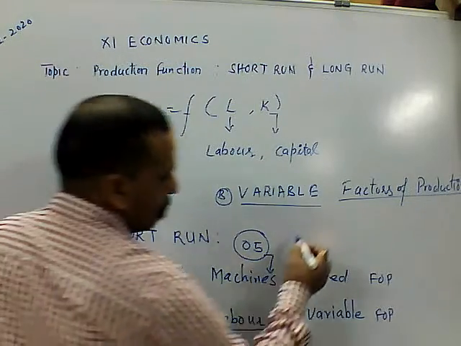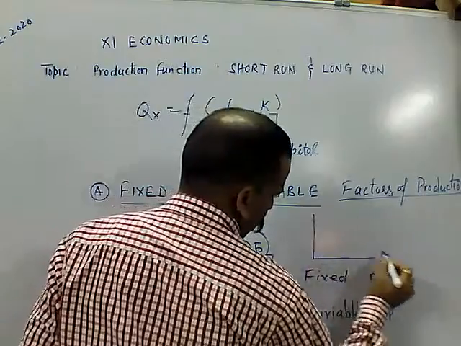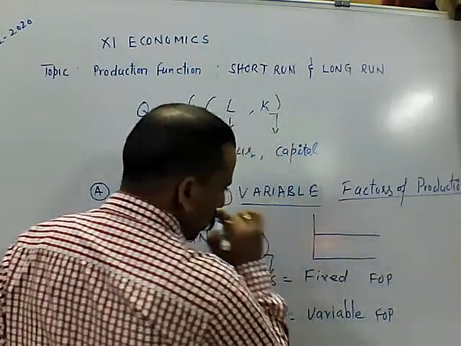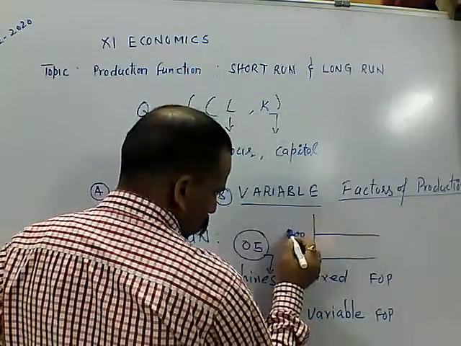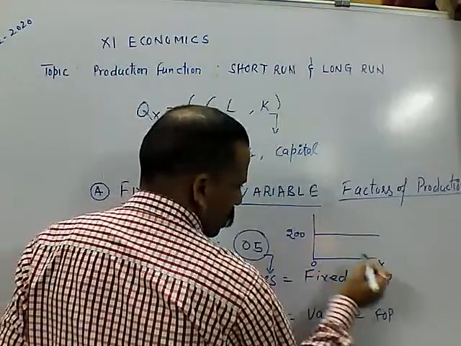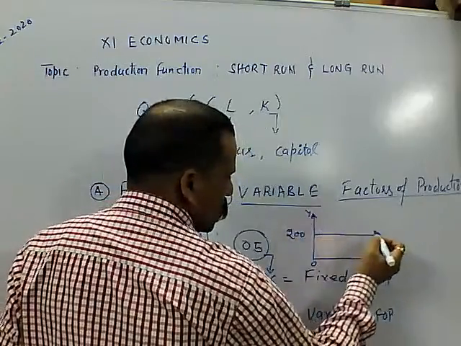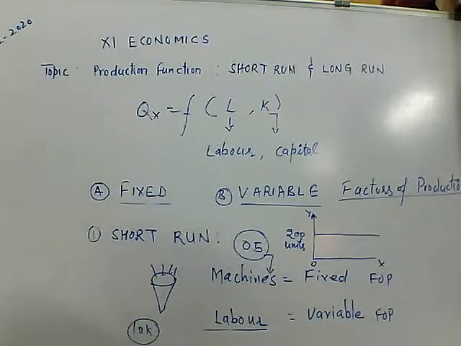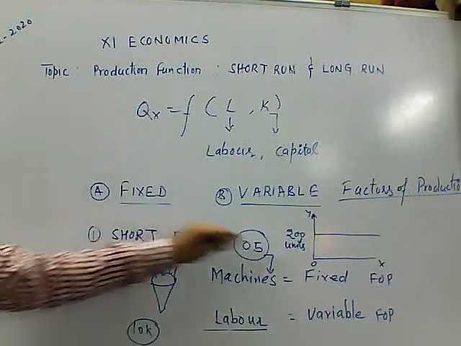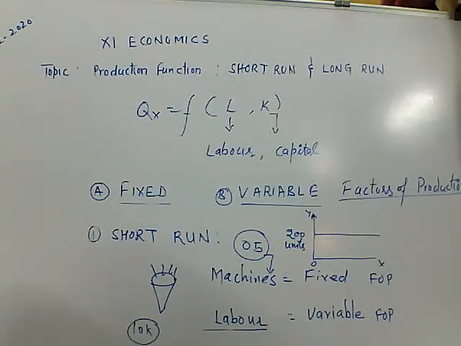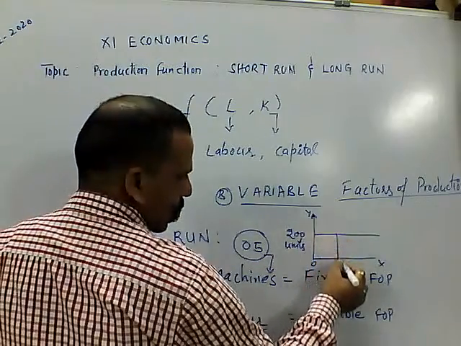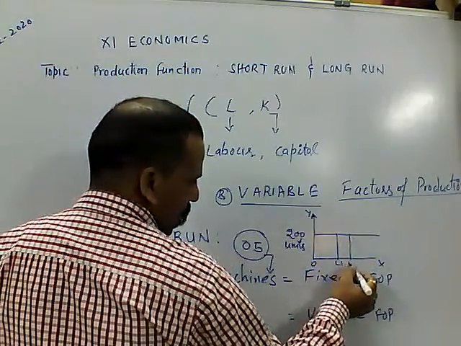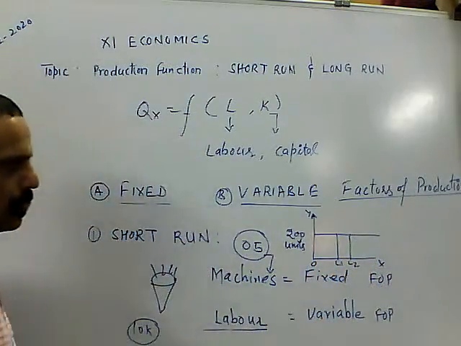Short run production function. Okay, so the diagram is somewhat like this. Like we are producing 200 units. So 200 remain fixed in the short run. In the short run, production cannot be changed. If you want, no doubt you can recruit labor L1, L2.